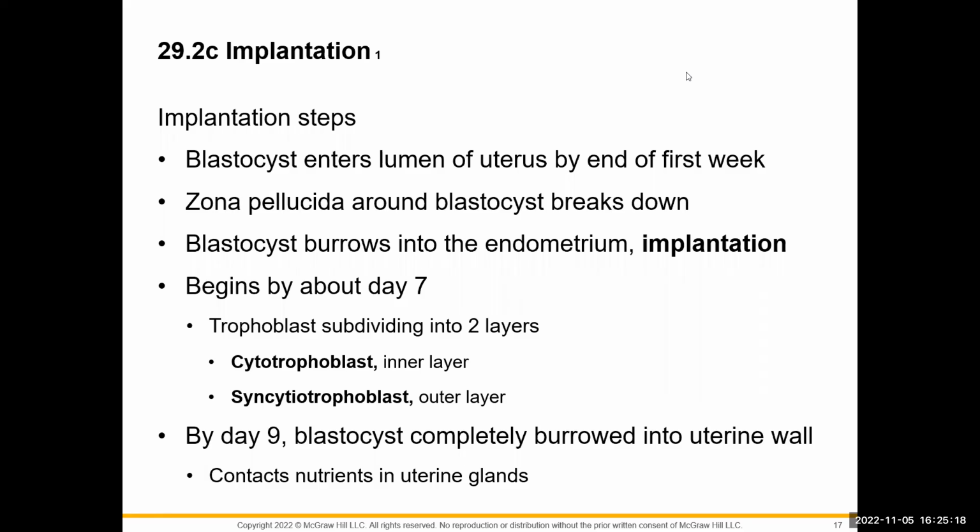Okay, so now let's get into the implantation of our future fetus, aka baby. The blastocyst now has left the fallopian tube and has entered into the uterine cavity. And this takes about a week.